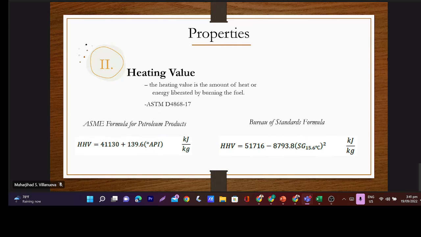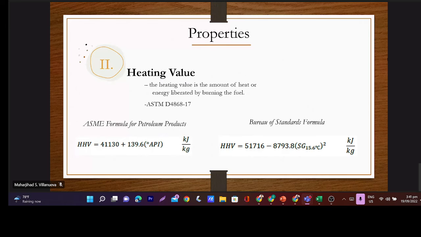Bali may dalawa po tayong formula na pwedeng gamitin. Yung ASME formula for petroleum products tsaka yung Bureau of Standards formula. Yung ASME po, nag-stands for American Society of Mechanical Engineers. Tas yung formula po nila is heating value equals 41,130 plus 139.6 times degrees API.